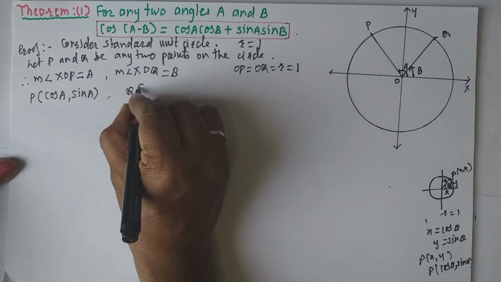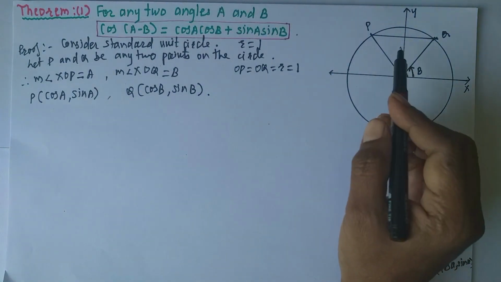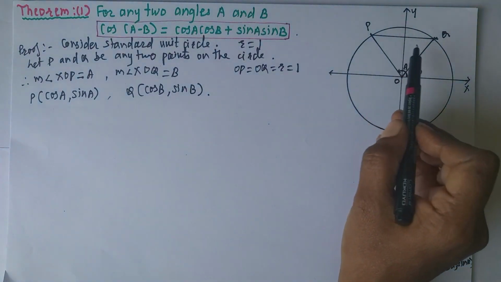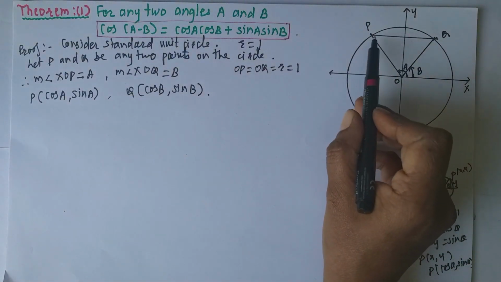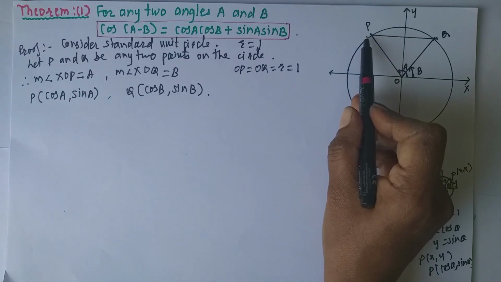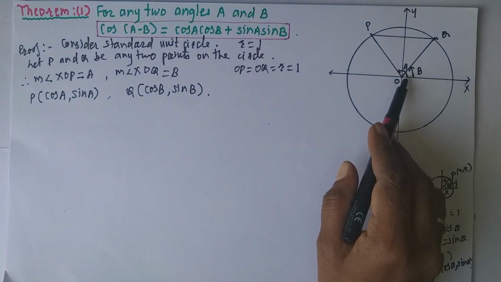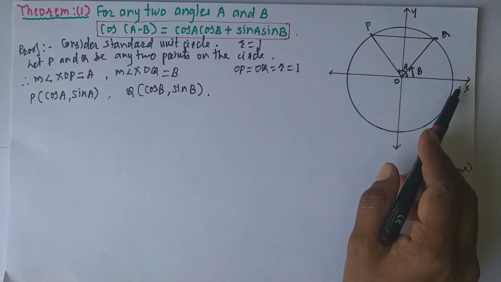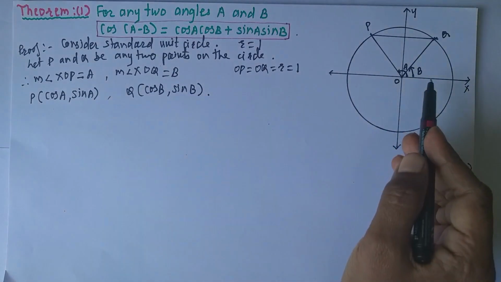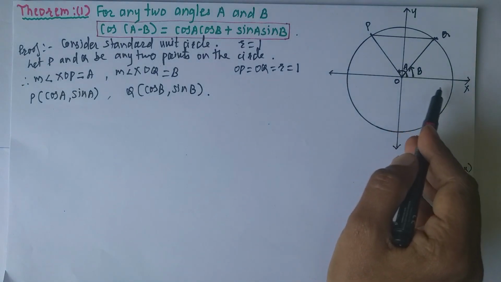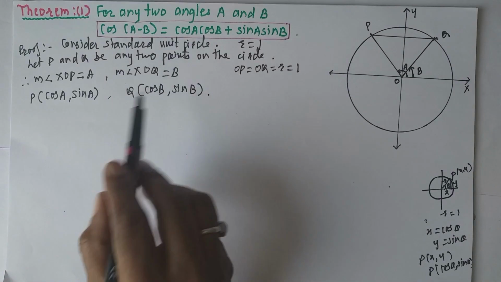Therefore, coordinates of Q will be cos B, sin B. If I want to find the distance between these 2 points P and Q, that is the length of chord PQ, then we need the coordinates of point P and coordinates of point Q. Point P makes angle A, so its coordinates are cos A, sin A. And OQ makes angle B, so coordinates of Q are cos B, sin B.